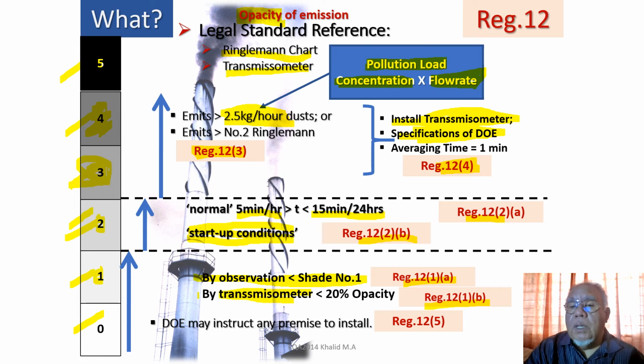Remember I said about the equipment structural drawing, the catalog, about the meter, and then your purchase or order or your quotation from the supplier semua ni, tentu ada specification that comes along with them. So get the supplier to furnish you with a good enough documentation explaining about the transmissometer. There are variants out there, banyak kan, and most importantly, averaging time is 1 minute. What's averaging time 1 minute? I think those yang dah ada CMS dah faham sangat ni.